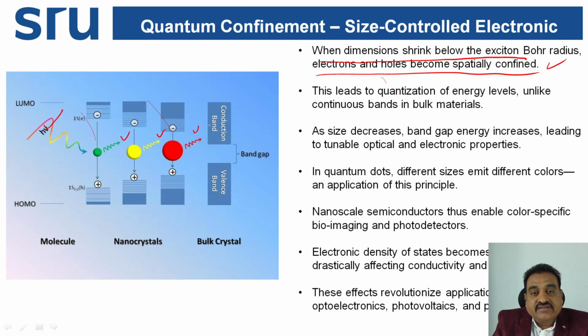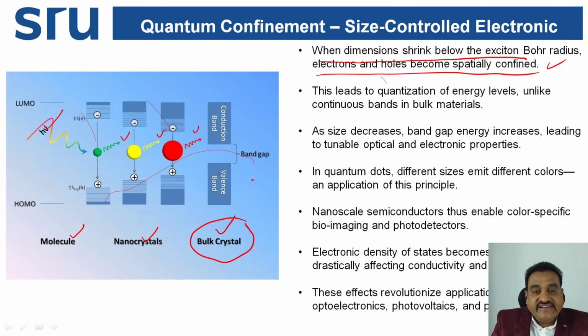Conduction band, valence band: this is molecule related, this is nanocrystal, this is bulk crystal. This leads to quantization of energy levels, unlike the continuous bands in bulk material that you observed in the valence band and conduction band.